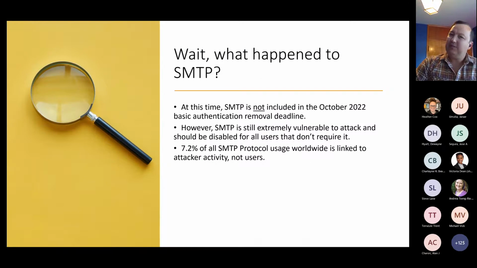I included that because in all of the original documentation, we said we were going to be removing basic auth for SMTP as well. However, at this time, there is a state of execution on that, and we have not scheduled SMTP basic auth to go away.